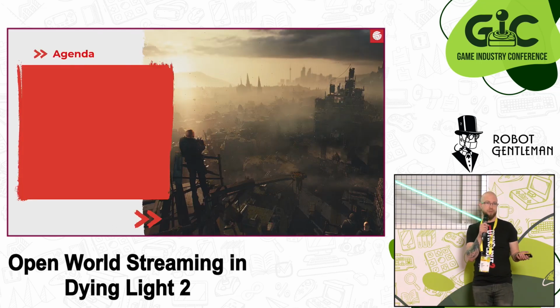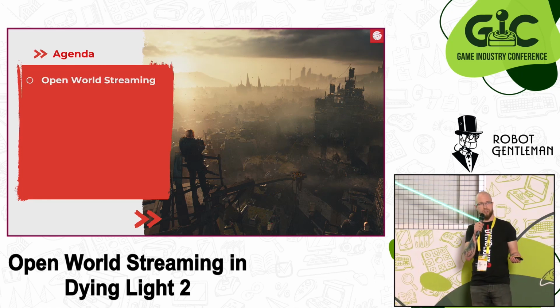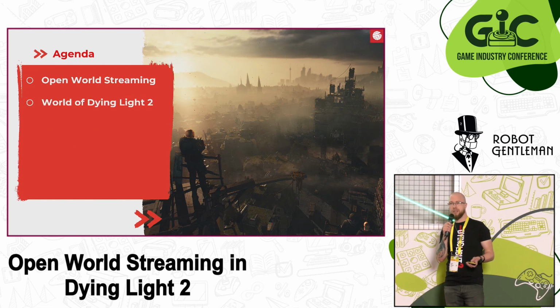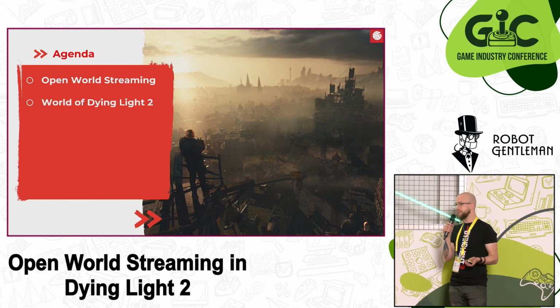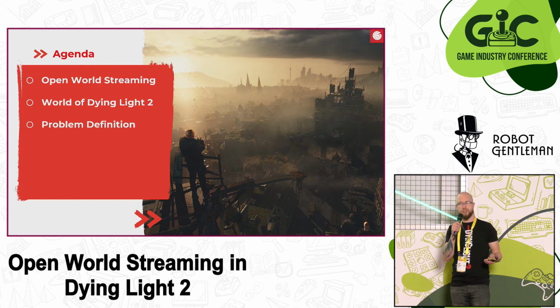So the plan for this presentation is as follows. First, I will define what I mean by the term open world streaming. Then I will tell you a bit about the world of Dying Light 2, which will be the scene of our case study today. Based on those two pieces of information, I will define the problem that we were trying to solve.